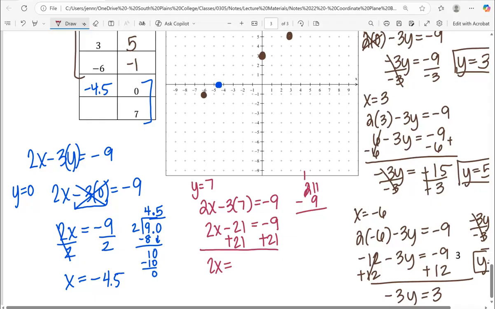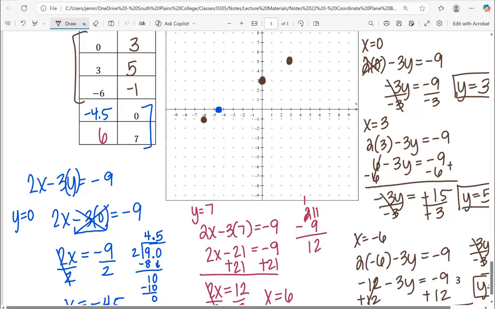I have to borrow 2, gives me 12. And when I divide by 2, nice pretty number this time, x equals 6. So positive 6 x-axis, positive 7 y-axis, and I have a straight linear line.